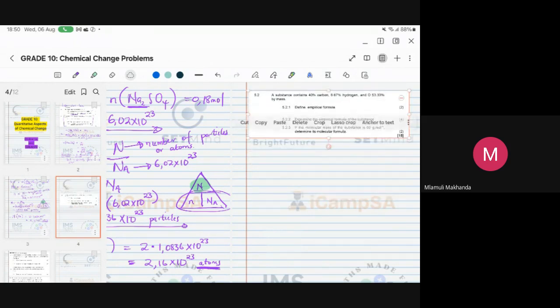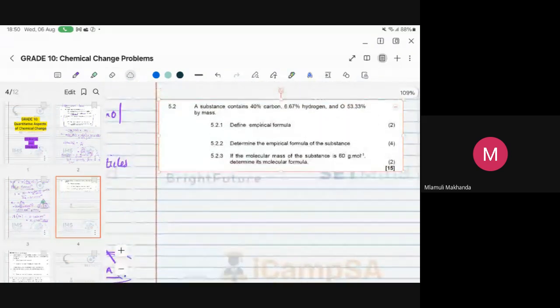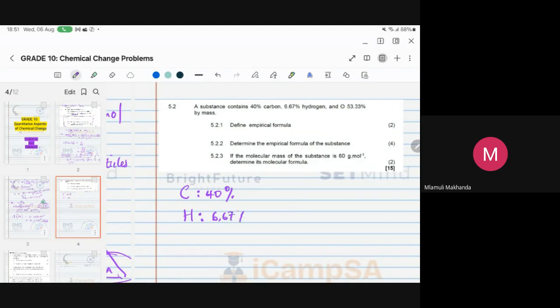Remember what we said. You would say you have carbon, C, and it's given that you have 40% of carbon. And you have hydrogen, and you are given 6.67%.